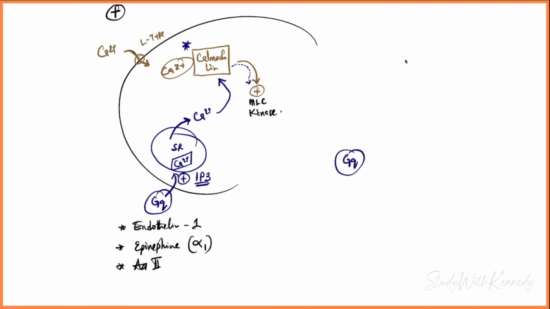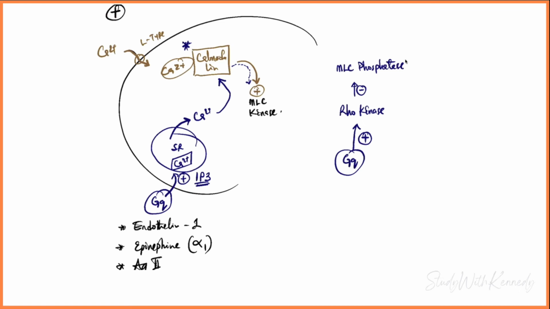What this GQ receptor does is activate another enzyme we call Rho kinase. And the function of Rho kinase is to inhibit. Rho kinase inhibits myosin light chain phosphatase.